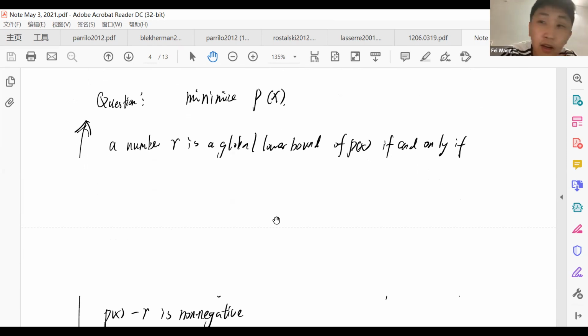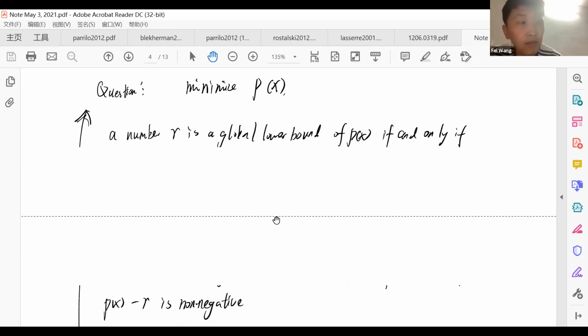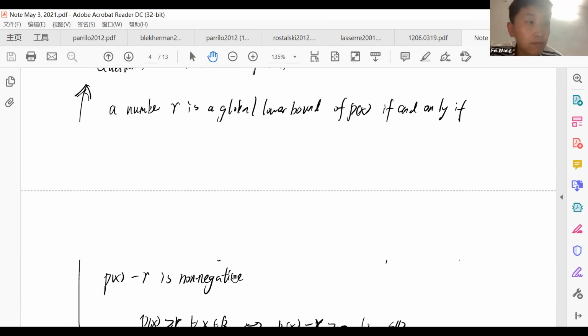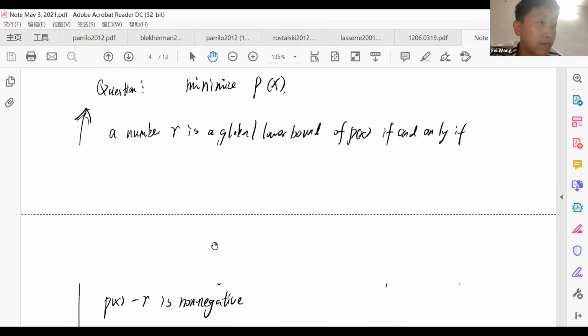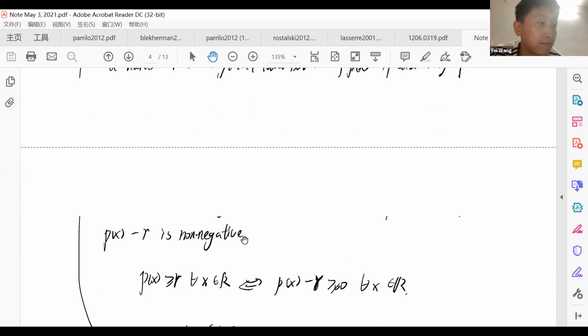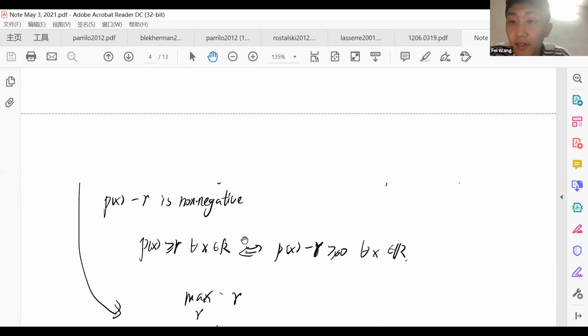A simple observation is that a number gamma is a global lower bound of p(x) if and only if p(x) minus gamma is non-negative.